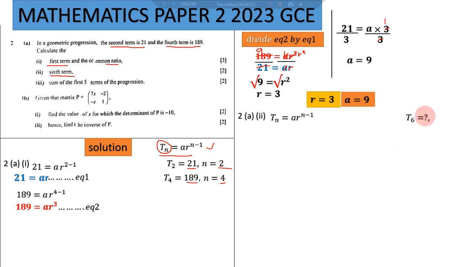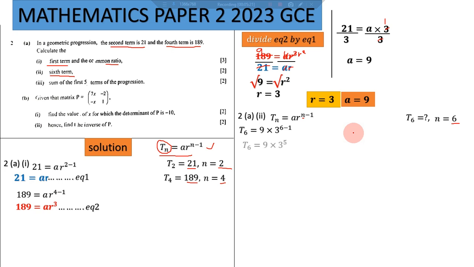We don't know the number which is on position 6, but we know the position. So n equals 6. T6 equals, now A we found was 9, and r we found is 3. So 9 times 3 to the power, where there's n we substitute the position which is 6, so 6 minus 1.